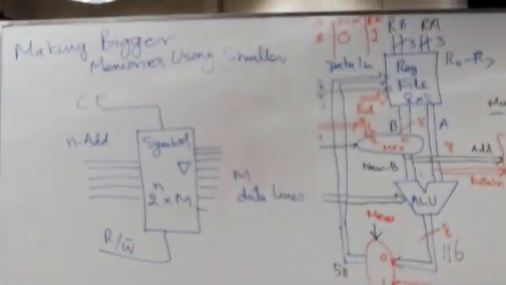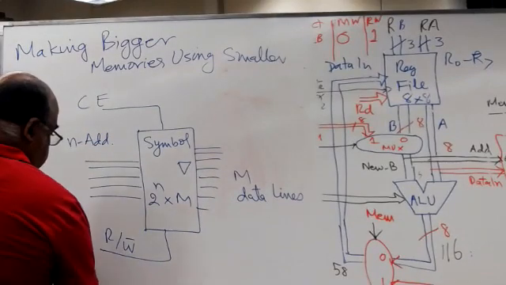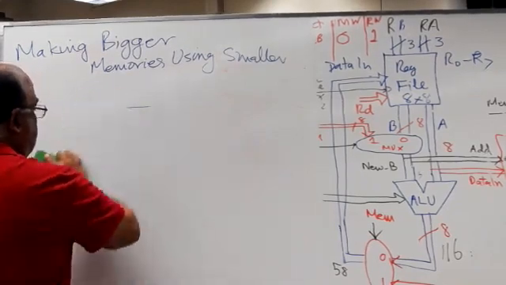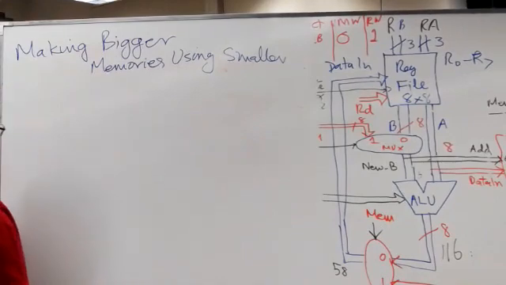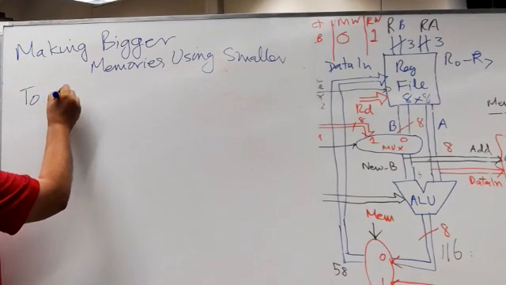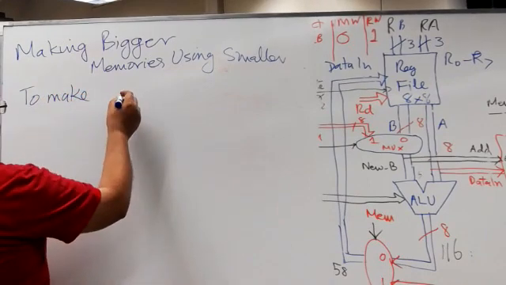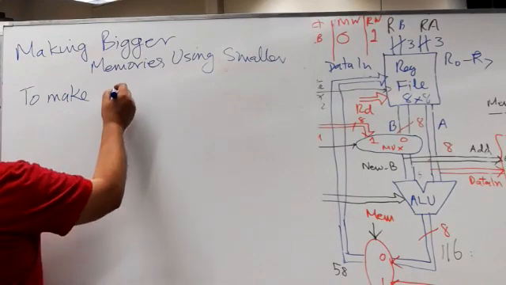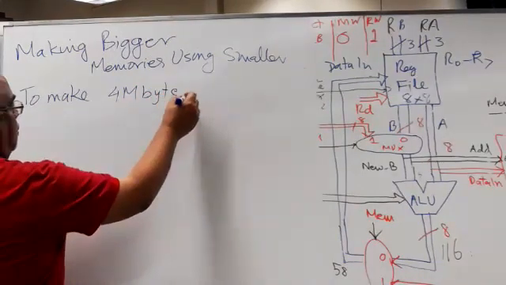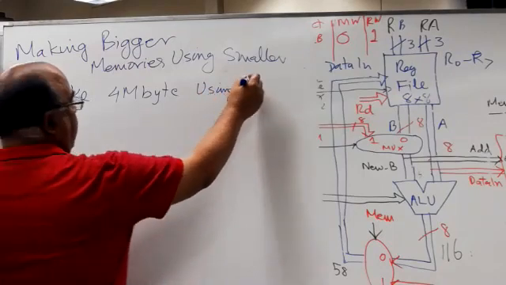So the question is how to make a big memory using a smaller one. So the idea is, for example, to make 4 megabyte using 4 megabit memory.